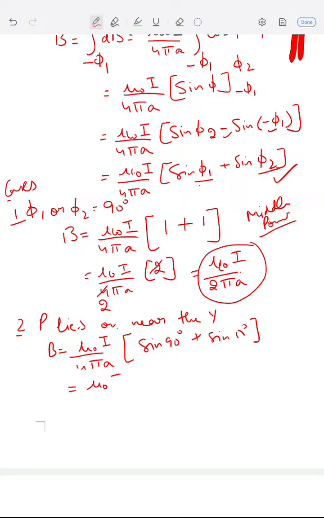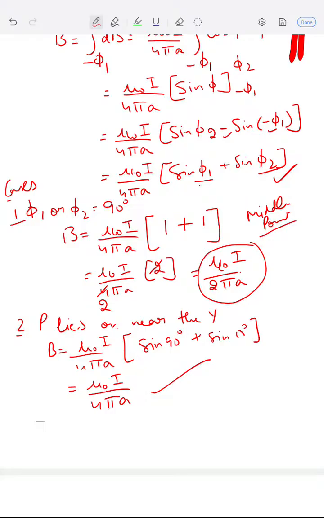So the answer will be μ0 I upon 4π a near the end of the conductor. So this is the derivation of magnetic field along a long straight conductor.